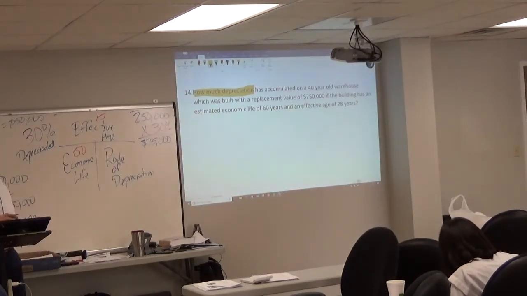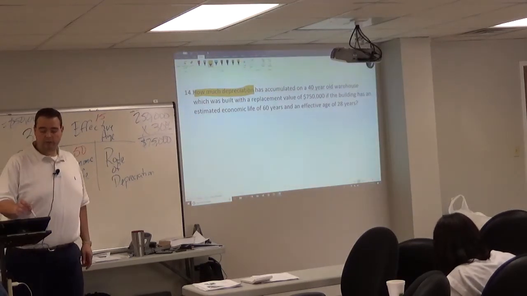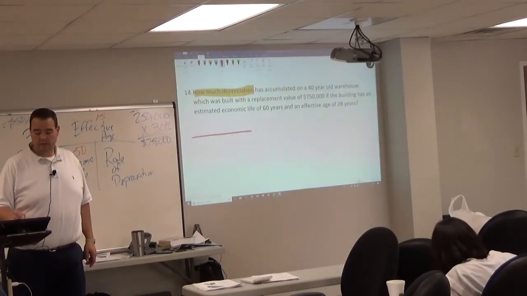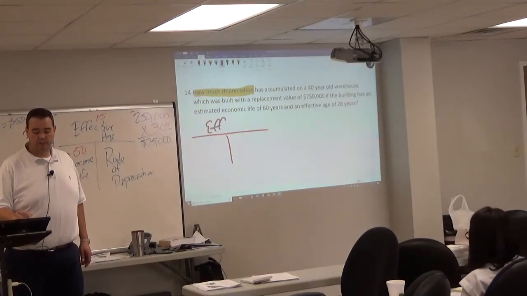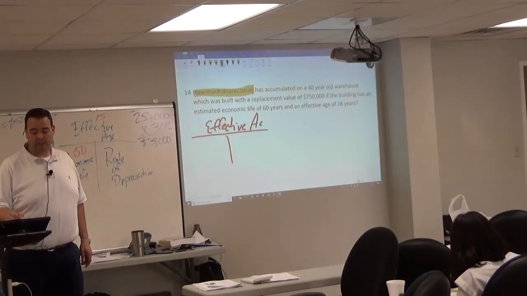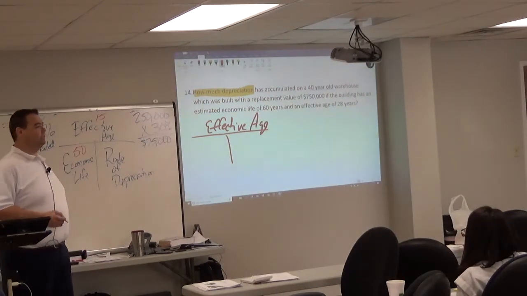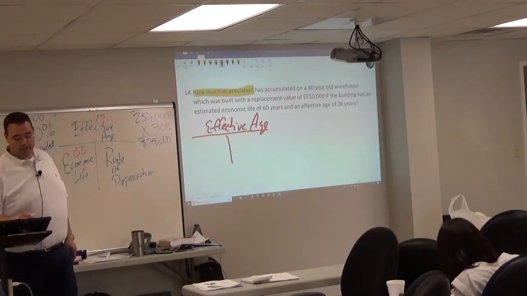Okay? So, we know that depreciation, the T-bar formula, looks like this. On the top, we've got the effective age, not the actual age, but the effective age. In this case, it doesn't matter, they didn't give us both. Over the economic life, right?